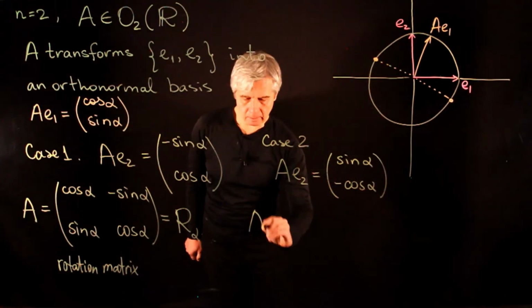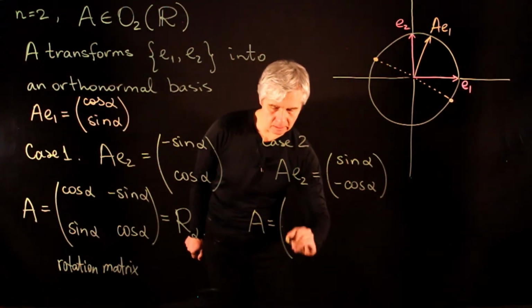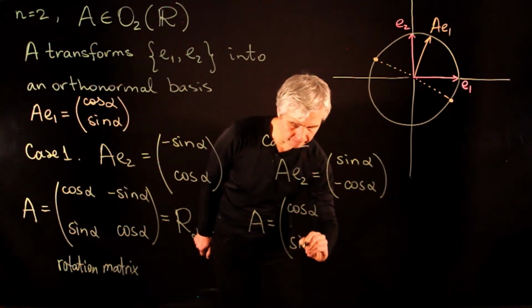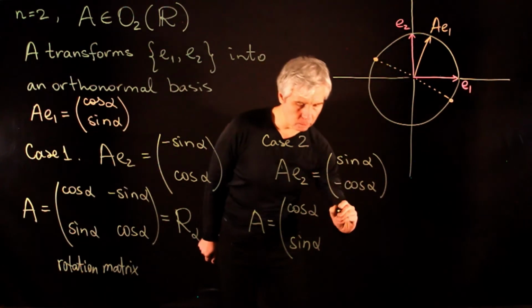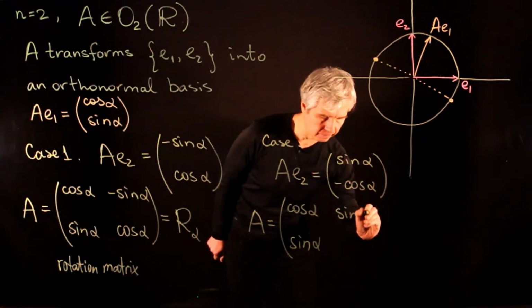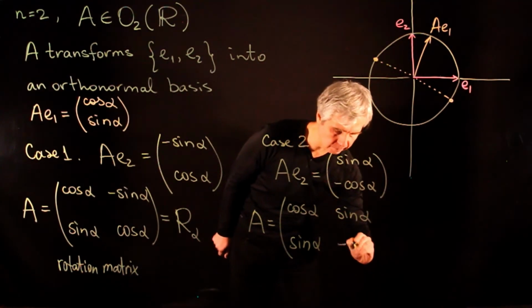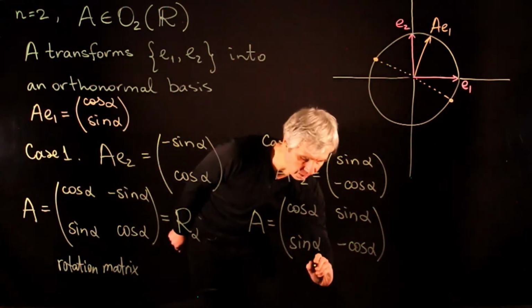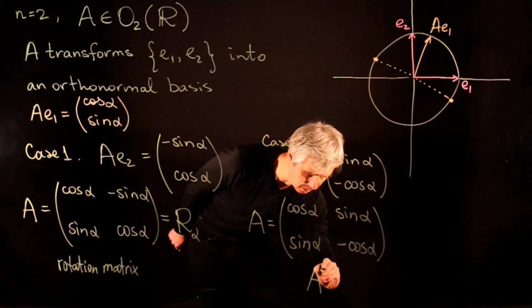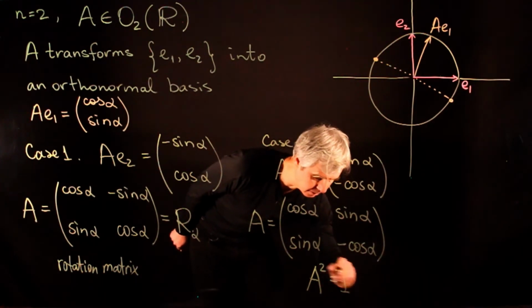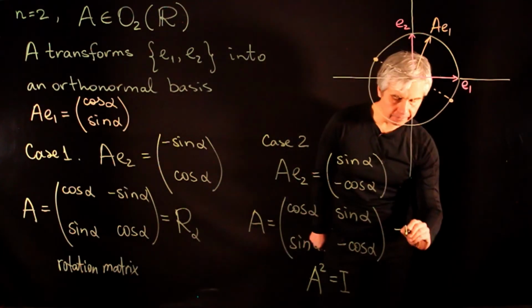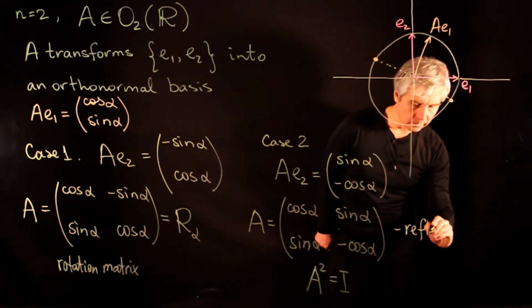In this case, the first column of the matrix is (cos alpha, sine alpha), and the second column is (sine alpha, minus cos alpha). This matrix has the property that if we square it, then we will get the identity. And geometrically, this is a reflection with respect to a line.